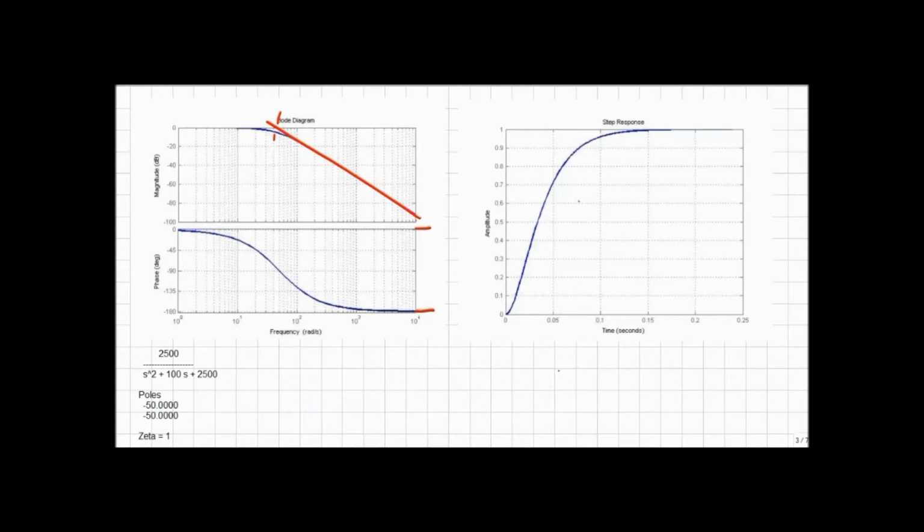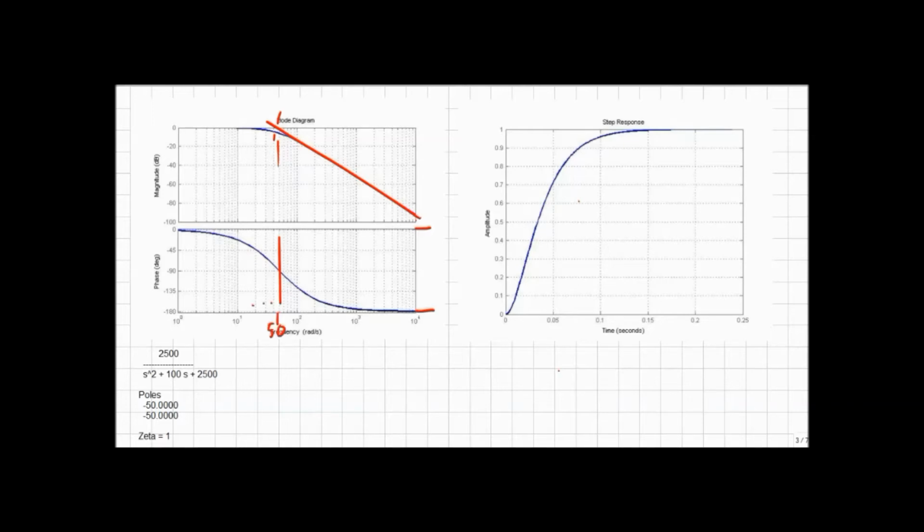If I look where this crosses 90 down here in the phase, somewhere thereabouts, that's not far off from where I crossed that 0 point, and that's right at 50.